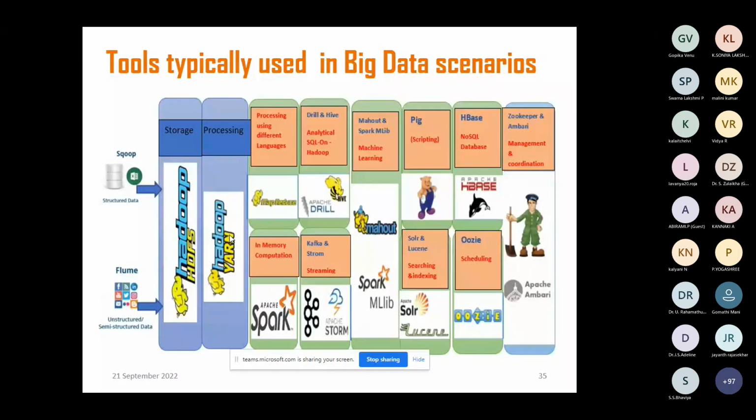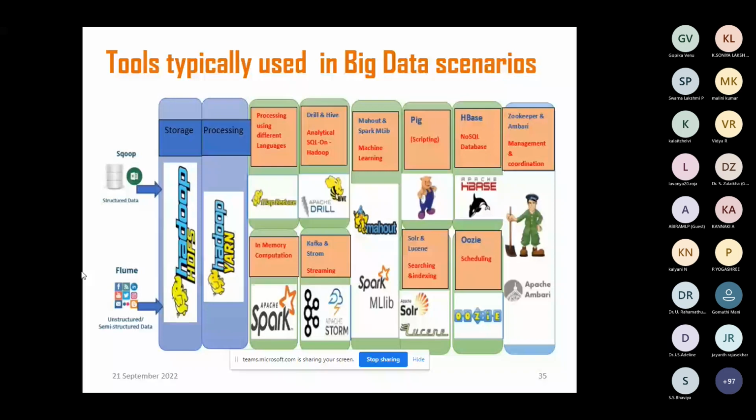And in addition to that, you can see other tools like Sqoop and Flume. Let us say I have my data in a traditional database, which is huge, and the performance was not good with respect to my traditional processing system.